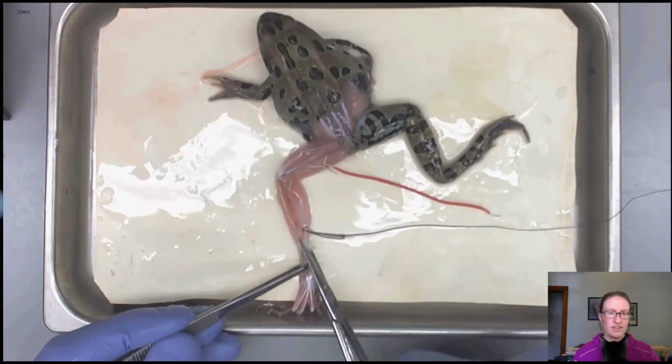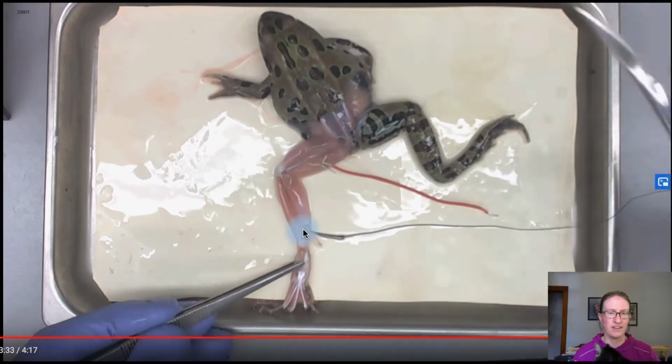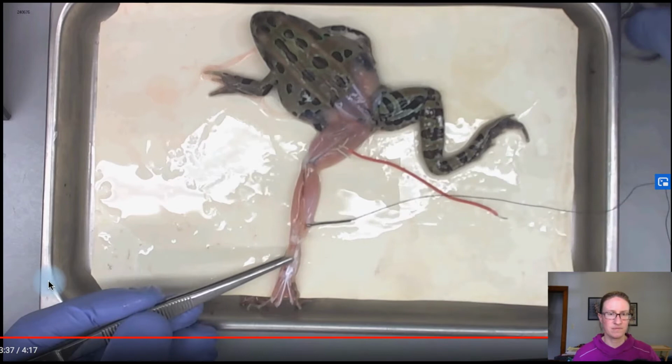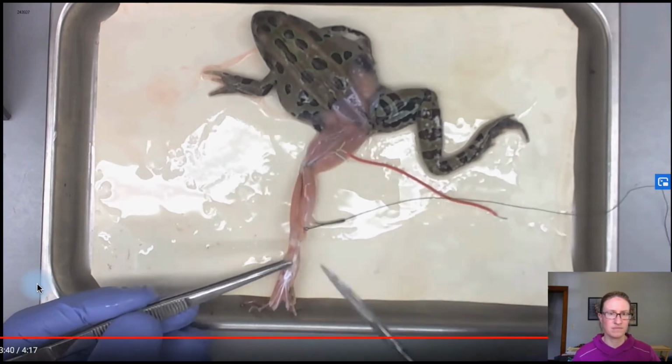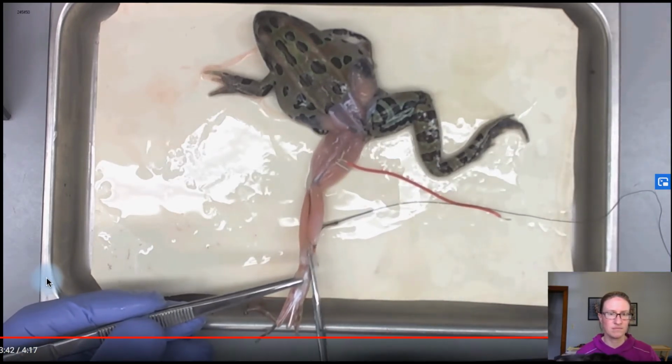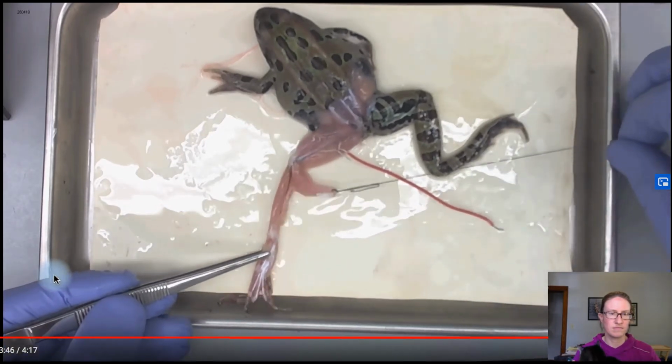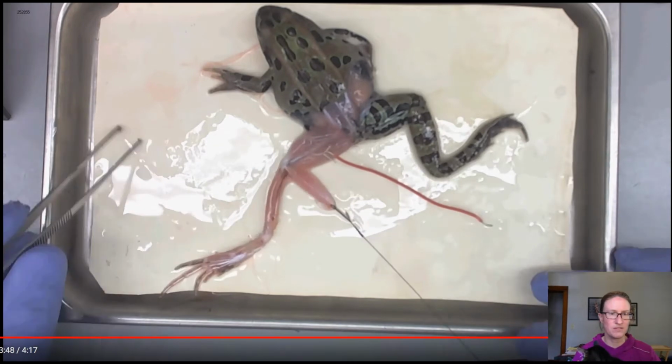So now they're just going to cut the tendon below where that knot has been tied to free the muscle. Okay, now the muscle is free.